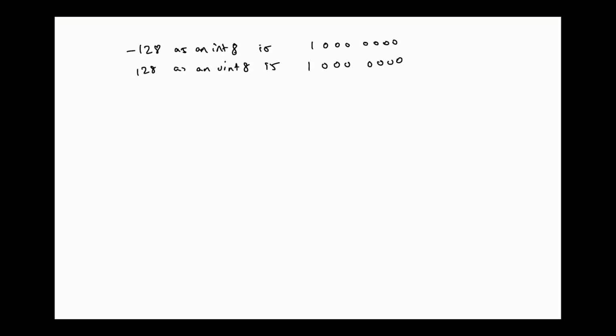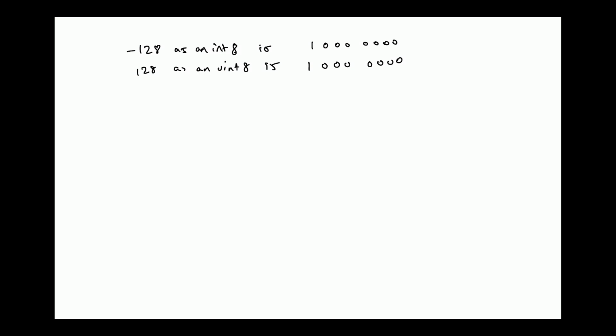It just so happens that their encodings are the same, okay? So if I have 1 followed by all zeros, signed that represents negative 128, but unsigned it represents 128, okay?